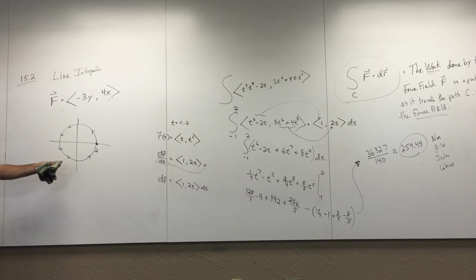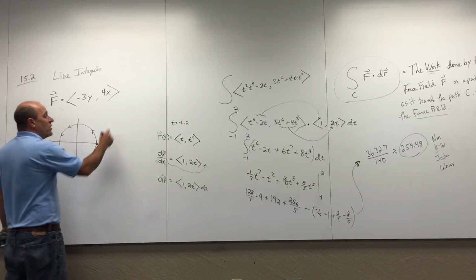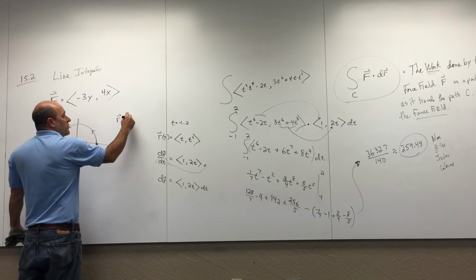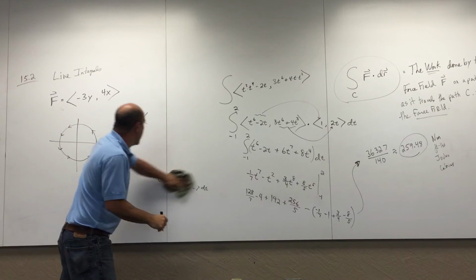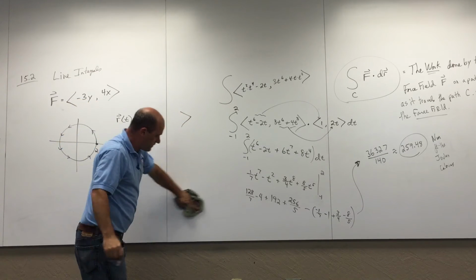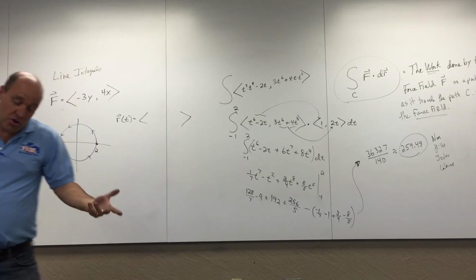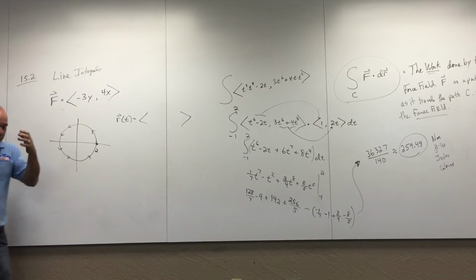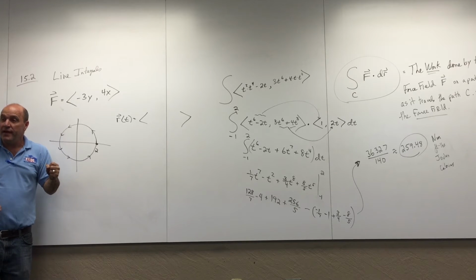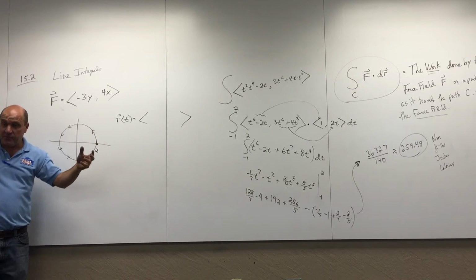So I need parametric equations for a circle of radius 2, centered at the origin, written as a vector valued function. You may or may not recall this, but we did this a little bit in chapter 12 and chapter 10.